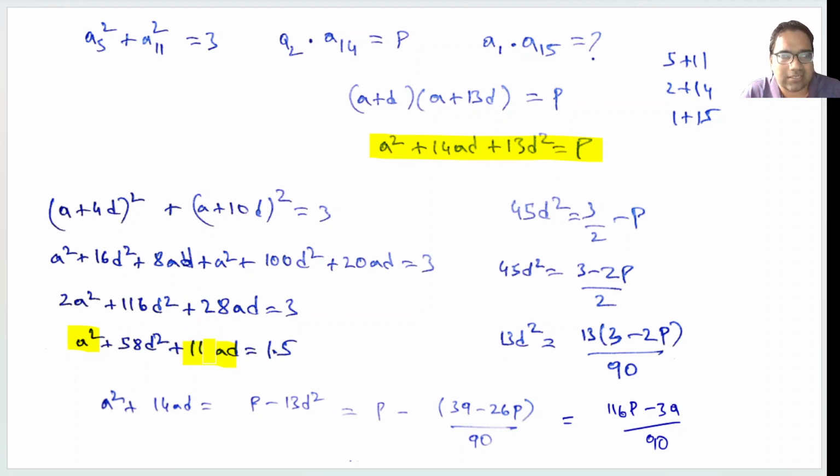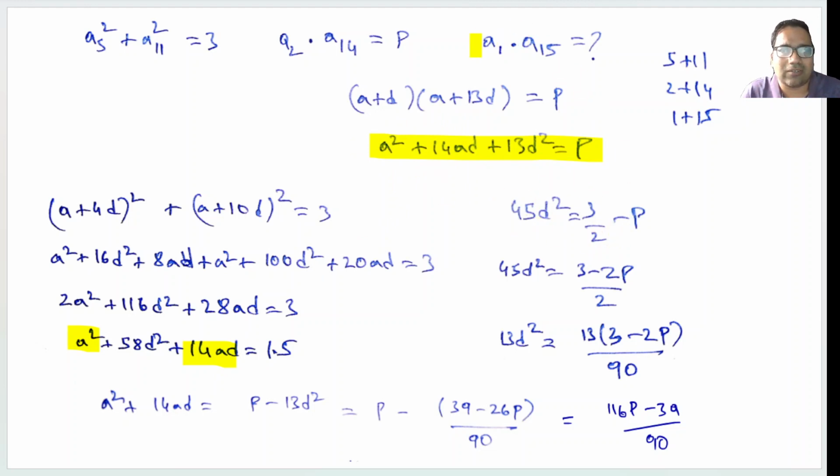We earlier discussed that this 14 is whatever extra D's. That 14D comes to real use for us here, because both are in terms of A square plus 14AD. So we have 45D square equals 3 by 2 minus P.